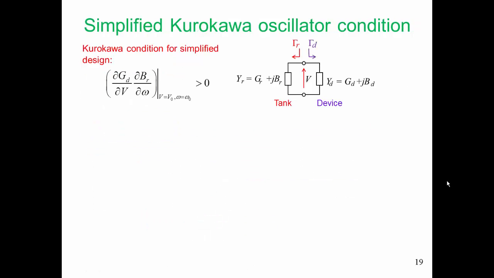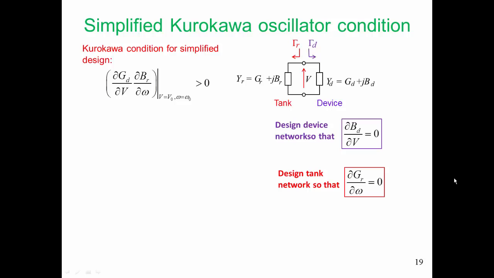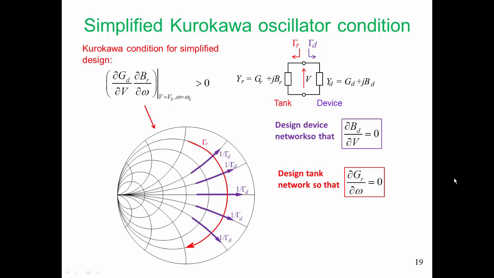So what does this look like graphically? Well, first of all, our design is such that our device network is set up so that dBd/dV is equal to 0, and our tank network is set up so that dGr/dω is equal to 0. And graphically, this is what it looks like. We have a finite loss, and we're looking at a tank circuit that consists of a parallel LC, or a circuit that looks like a parallel LC circuit.